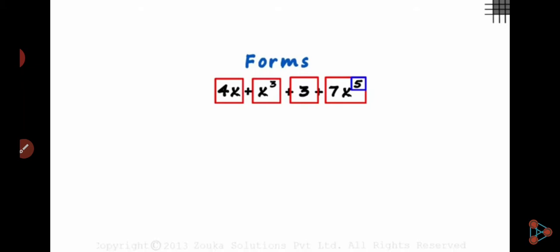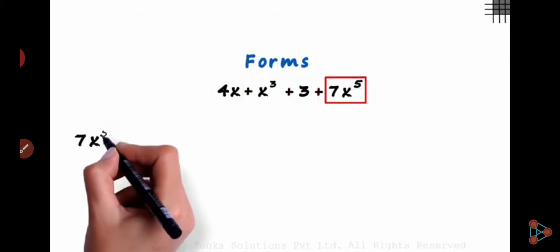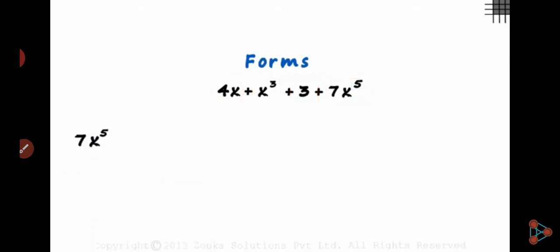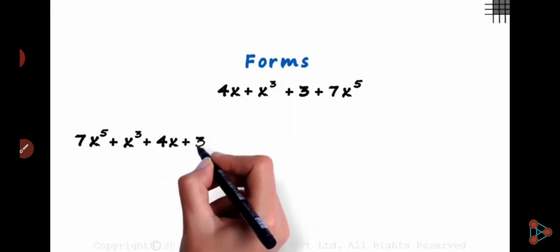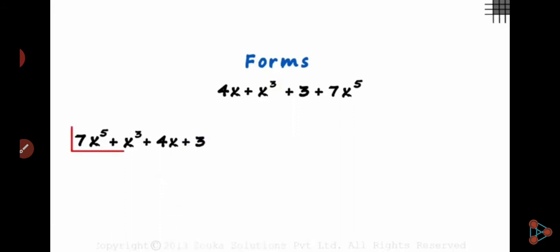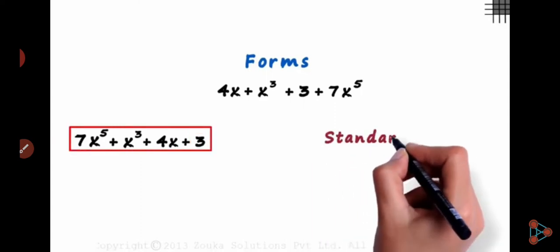First of all you have to write 7x to the power 5, then the next highest power, x cube, plus 4x plus 3. It is your standard form. This is the standard form of the given polynomial.